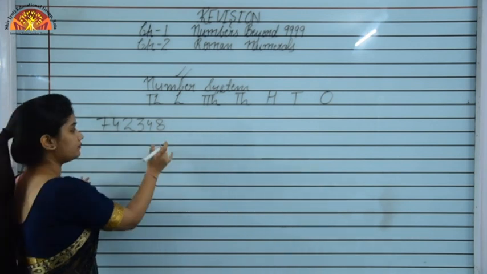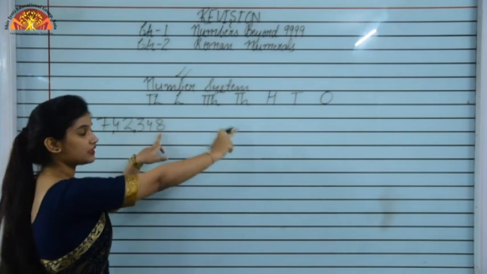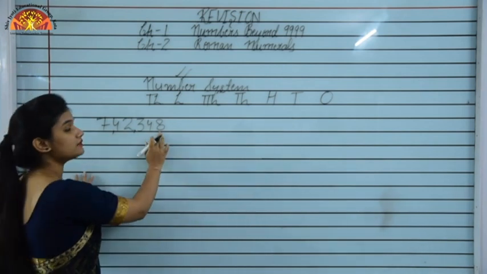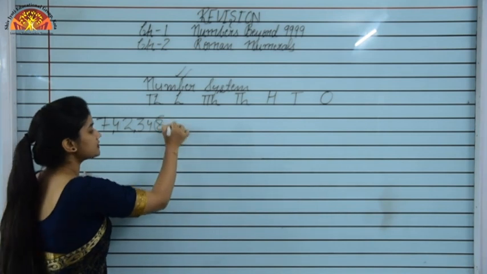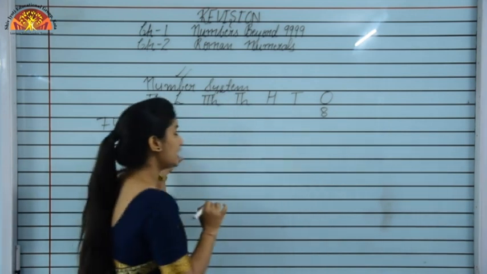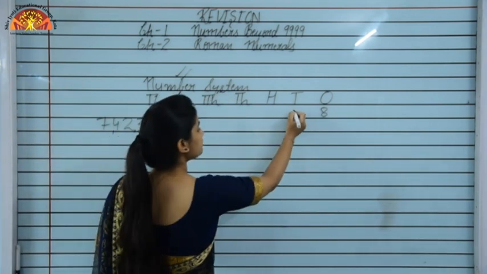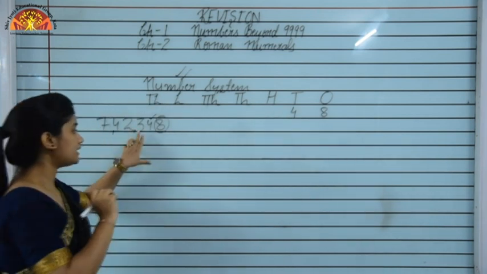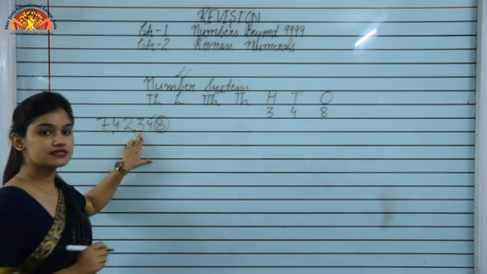So according to this number, whenever we are arranging the numbers, we will start from the right side. So the first digit will come at ones place, that is 8, and the next digit 4 will come at tens place, and the next digit will come at hundreds place, that is 3.